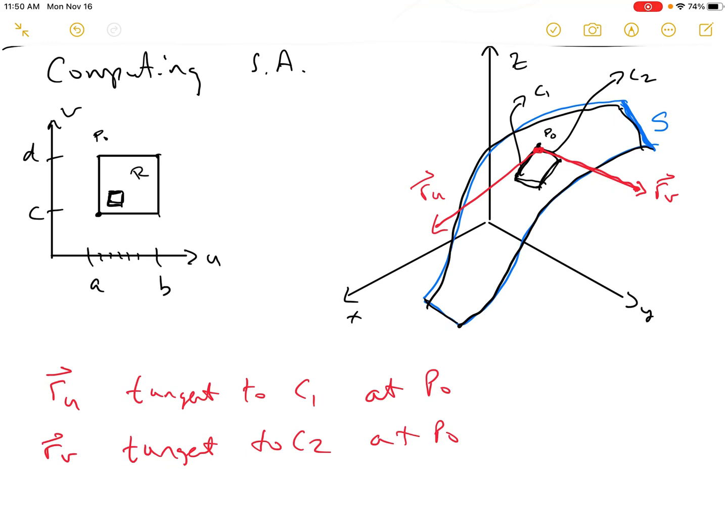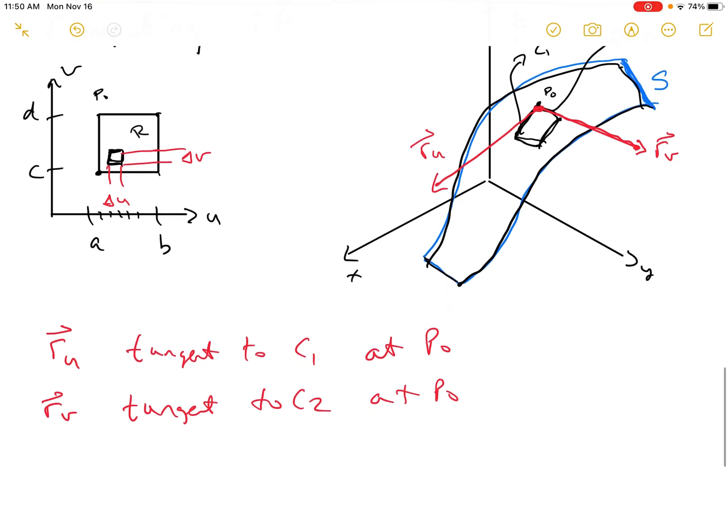Okay, so the little distance from here to here is delta u, and the little distance from here to here is delta v. If you remember Calc 2 and all those constructions, I think you see where this is going. And this is the super cool part: if you take the vector r sub u and multiply it by this little differential of u, you get, I need another color.